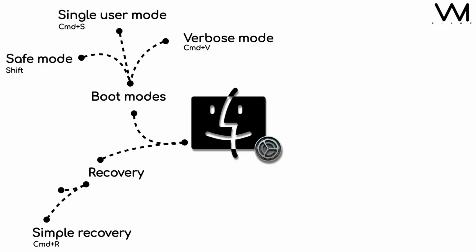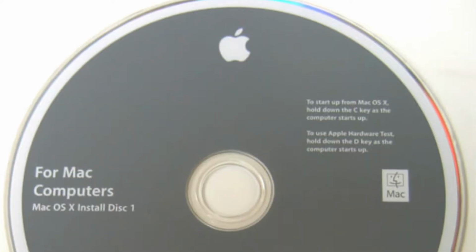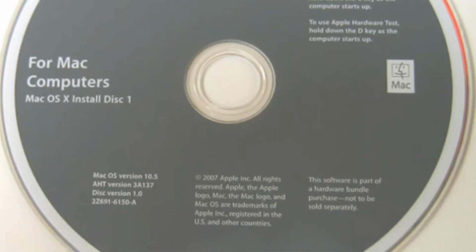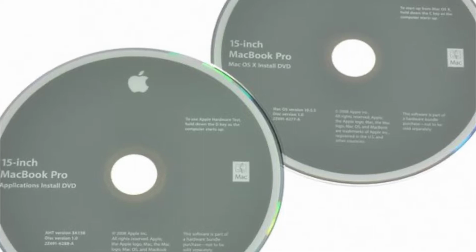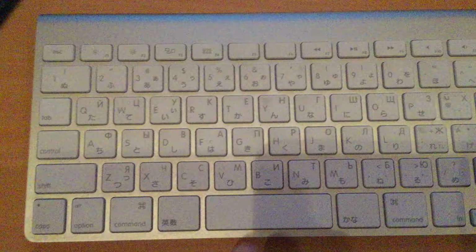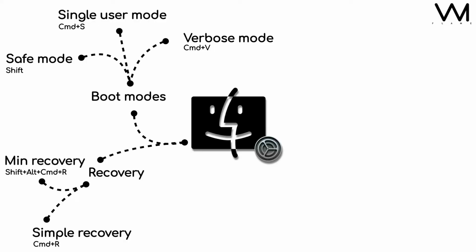Well, the next thing, minimum recovery. Minimum recovery was also introduced in the same year as simple recovery. By the way, talking about recovery, I forgot to mention that earlier Apple shipped recovery disks. For example, if you bought a macOS 10 retail DVD to install on your Mac, a gray disk also shipped inside, which you use to restore your system.